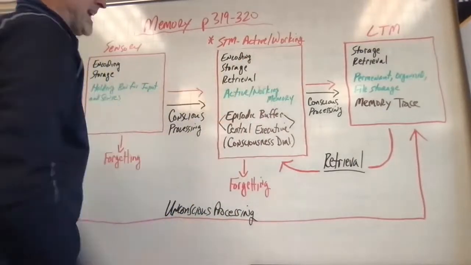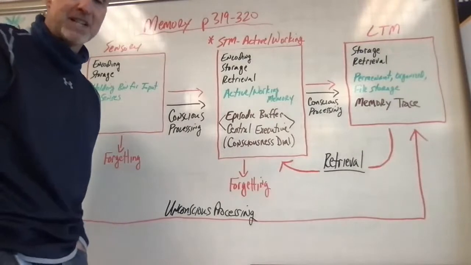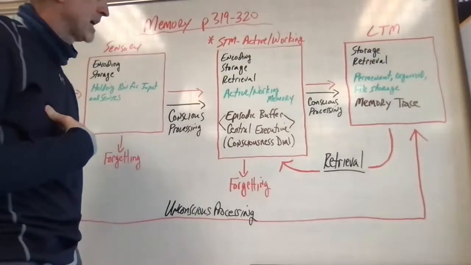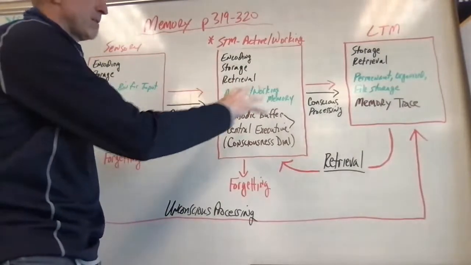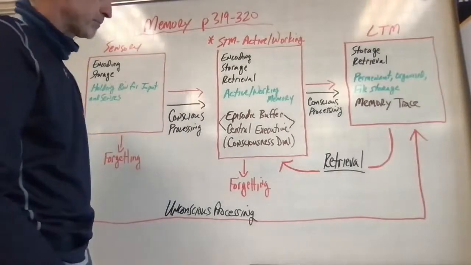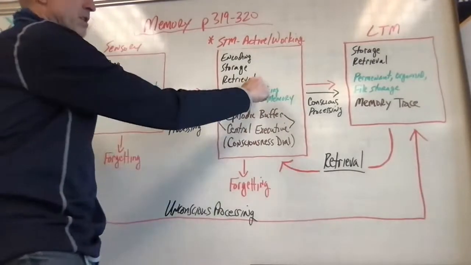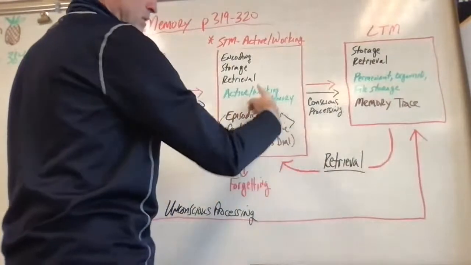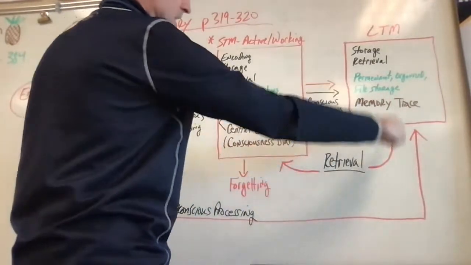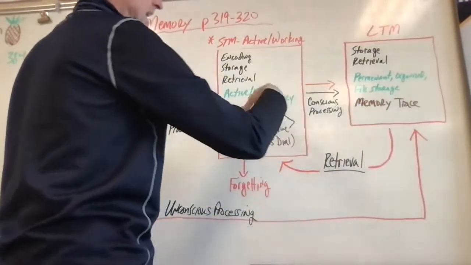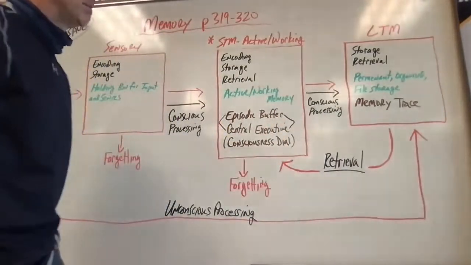Storage, in short-term and active memory, is going to hold things briefly just for me to use them. Okay, so it's going to hold on to information as long as I need it and that I'm using it. And then it's going to work with long-term memory in the retrieval loop and retrieving information that I will need for the day, for a class, for a subject. It's going to load it.